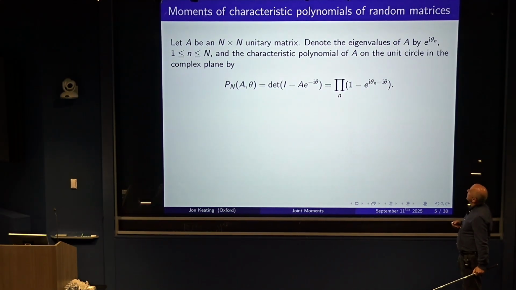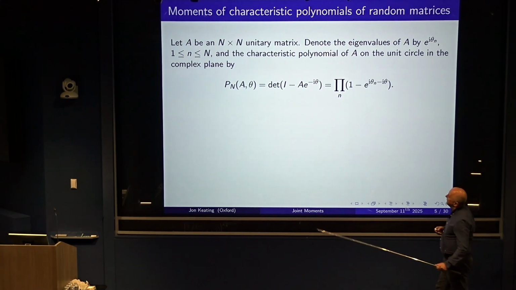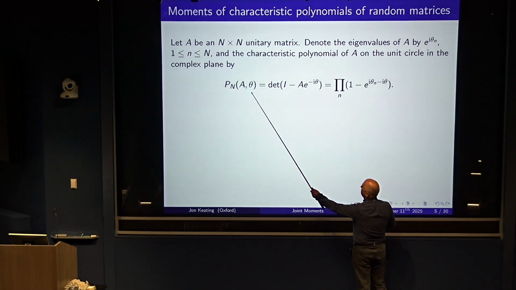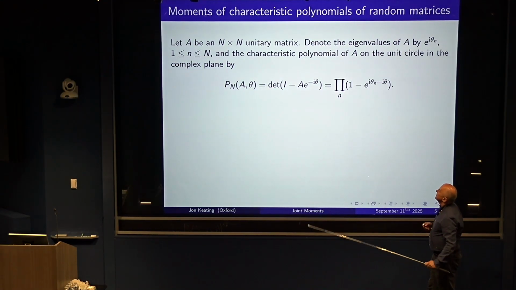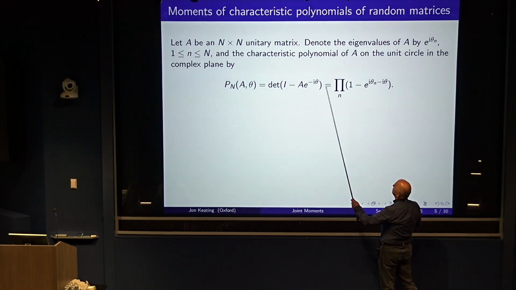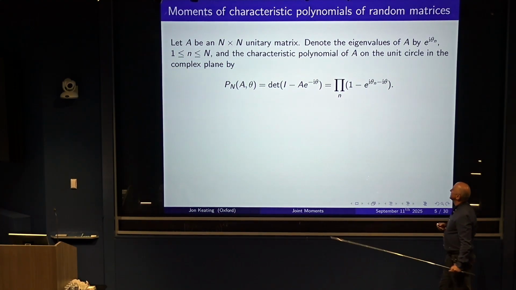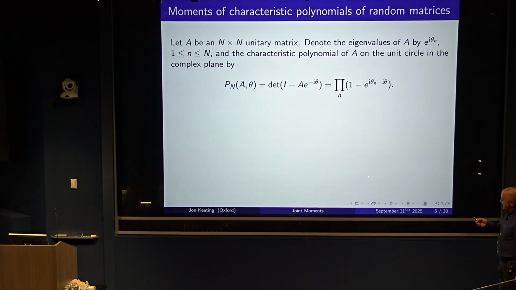Denote its eigenvalues by e to the i theta_n. These lie on the unit circle. We'll denote the characteristic polynomial on the unit circle by p(A, theta), which depends on the matrix A and theta, the position on the unit circle. Here's that written as a determinant and written explicitly as a product over the eigenvalues of the matrix A.